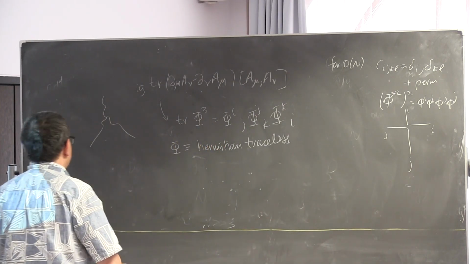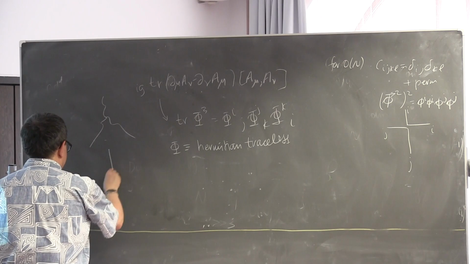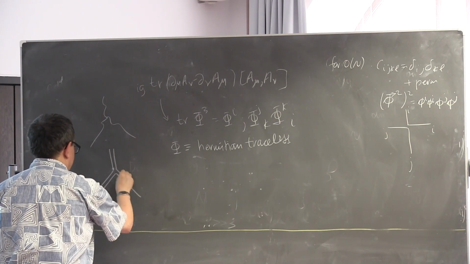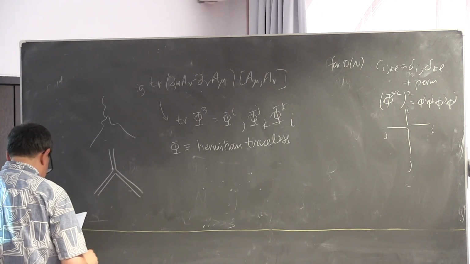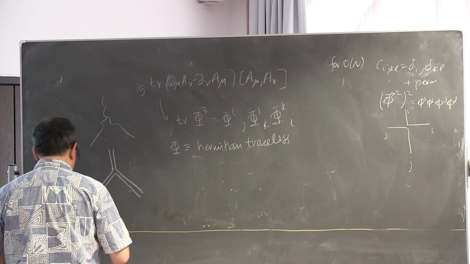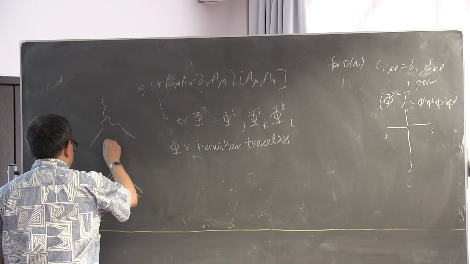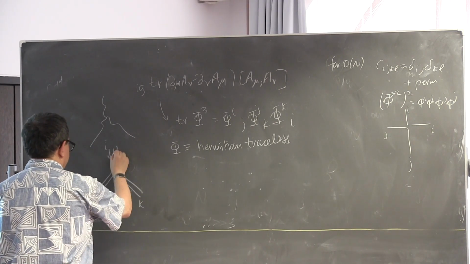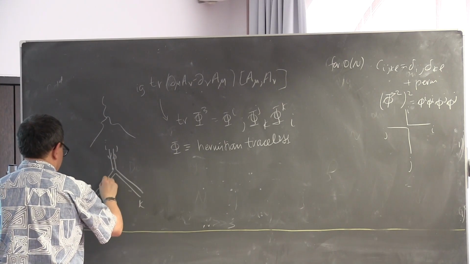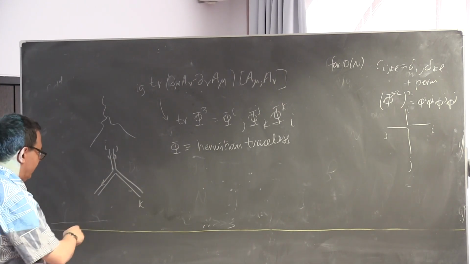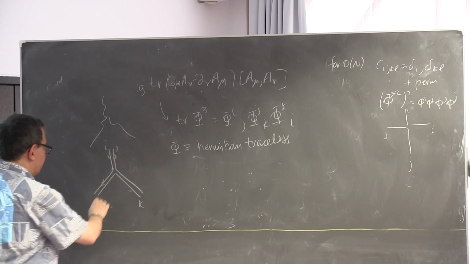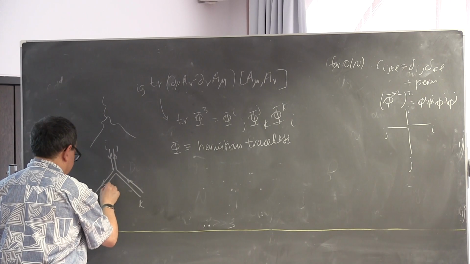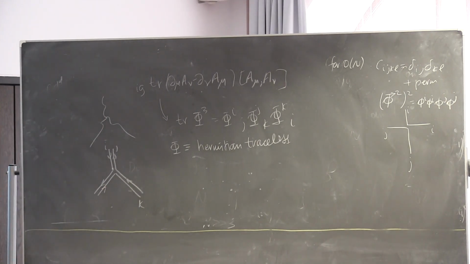Right, so this can be rewritten in this double line notation like this. So you have here, for example, this is the i index, this is the j index, and this is the k index, and you can attach orientation too. So you get an orientable graph because each of these strands has an orientation.